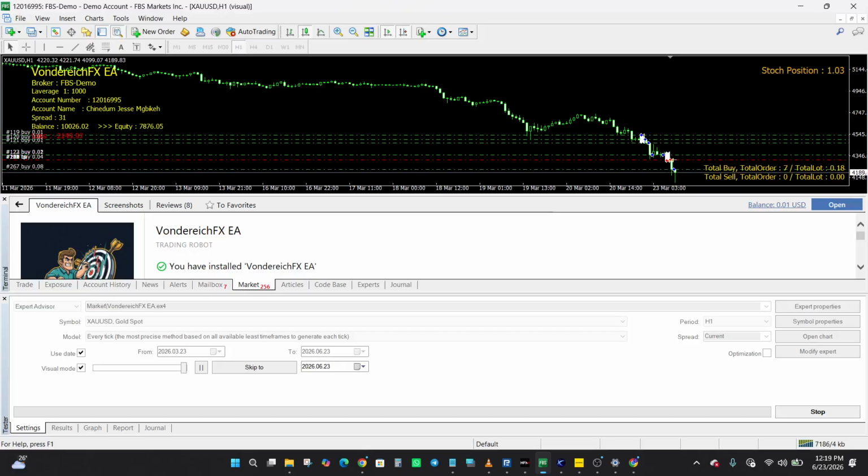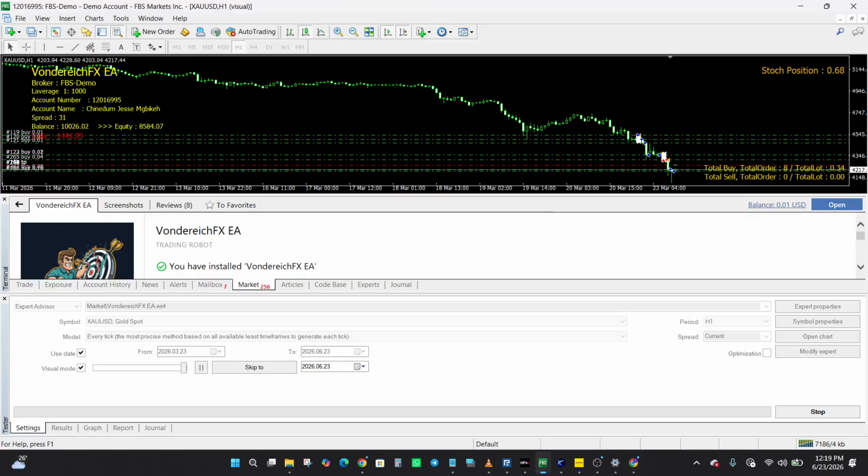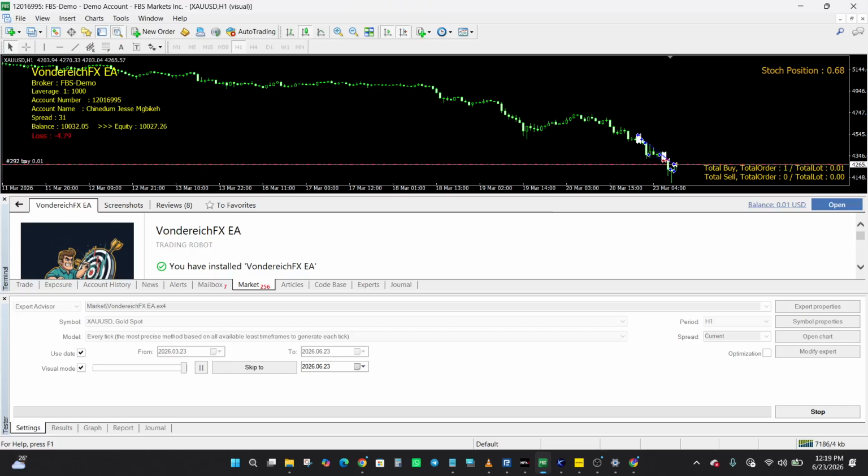The free availability on the MQL5 Marketplace also makes it easy for traders to download and test the expert advisor for themselves. As always, make sure that you perform your own testing and optimization on a demo account first before considering any live trading environment.